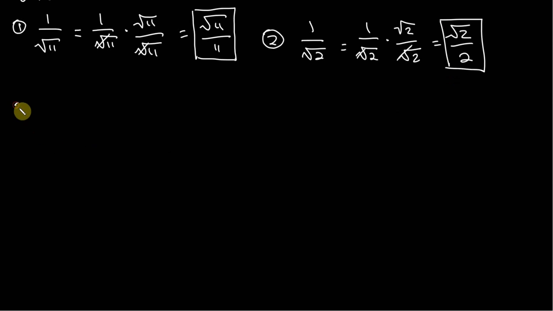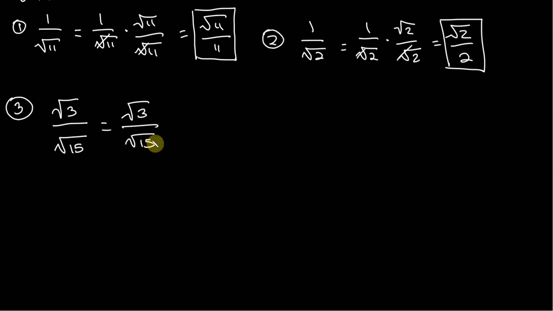Let's do something different. Say we have root 3 over root 15. So how do we go about this? Well, the first step, again, just as we've been discussing, is we're going to want to multiply this by root 15 over root 15.